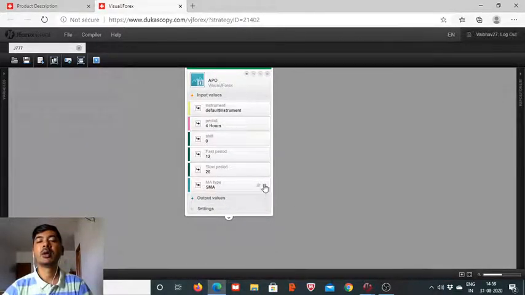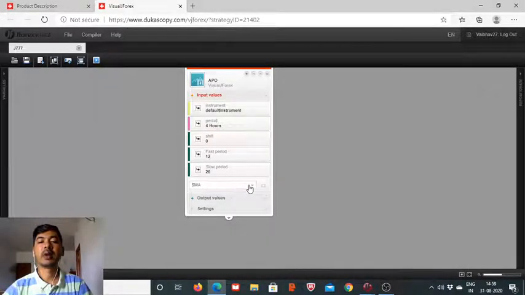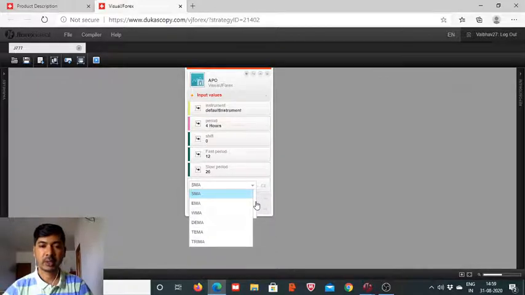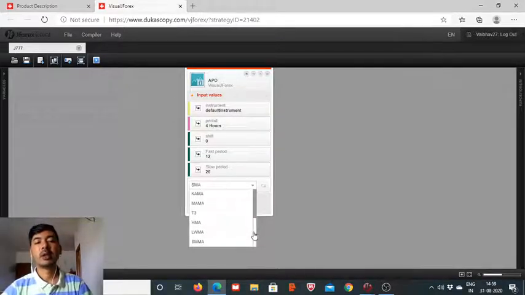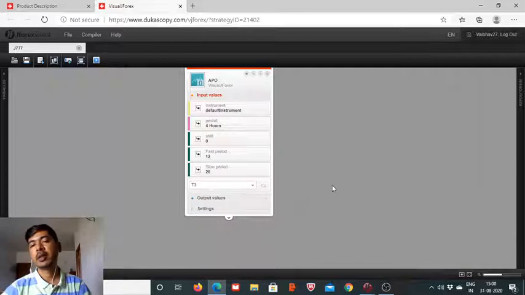And if we change this to a different kind of moving average, then the output values will change. Here we have all these moving averages listed, and any of these values can be used to design and develop the algorithmic setup. So for example, let us choose T3.